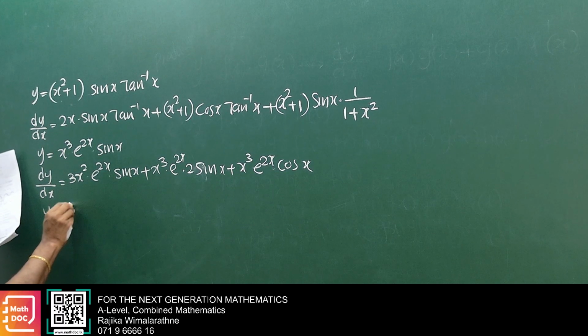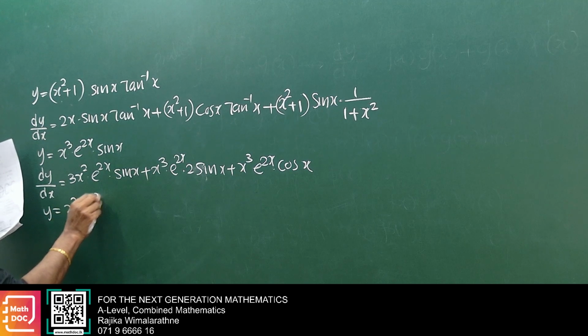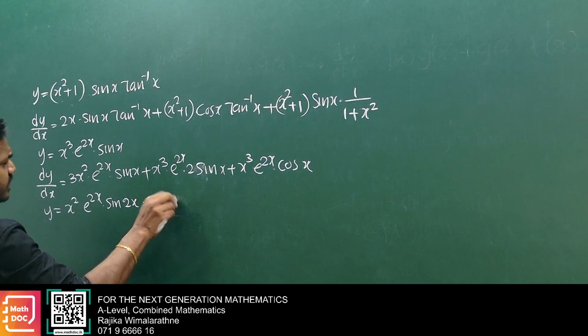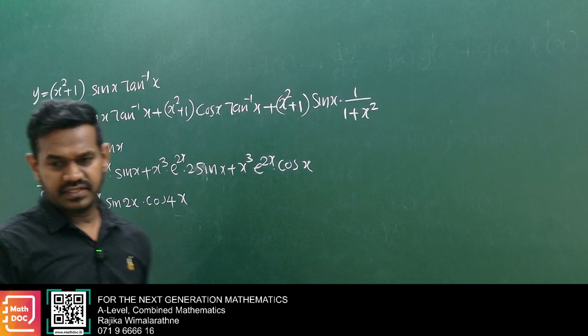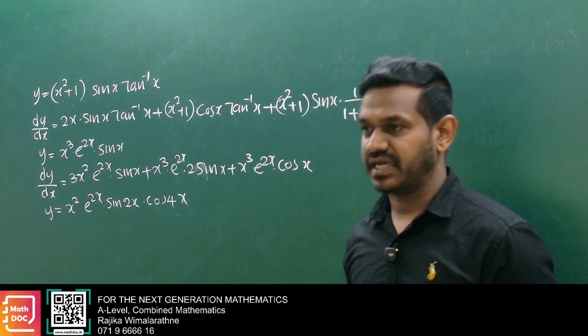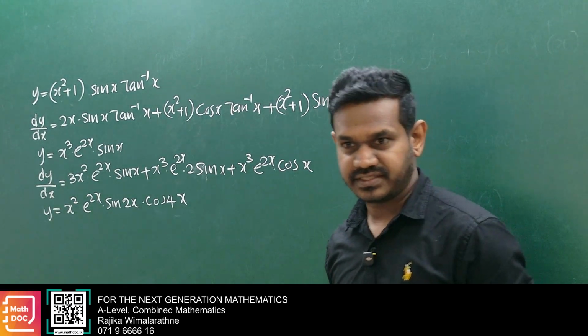Then y equals x squared e to the power 2x sin 2x cos 4x. So here it has a four function product.